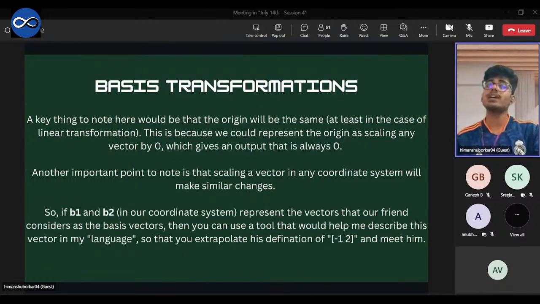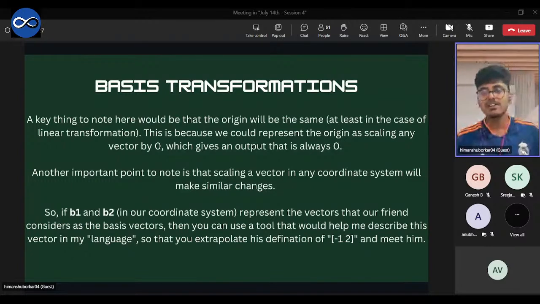As in the previous example, -1 and 2 were the coordinates in my standard axis, right? In the new coordinate system as well, -1 and 2 will be my coordinates with respect to that new coordinate system. So again, scale will make similar changes.